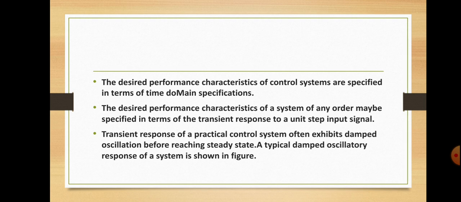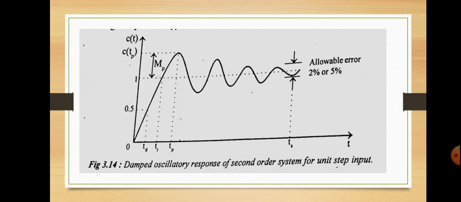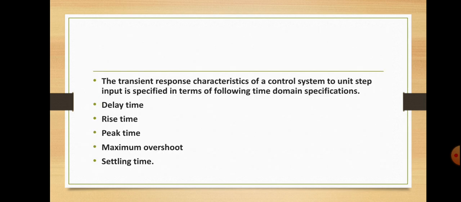Now, going to the transient response of a practical control system, we can see that it has an oscillatory nature, and the transient response characteristics of a control system to a unit step input are specified in terms of the following time domain specifications.